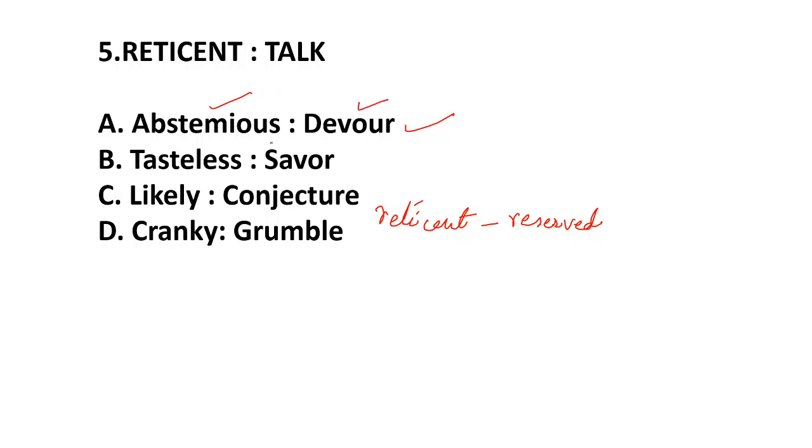Abstemious, devour. Now, what does abstemious mean? Abstemious means to indulge in something very moderately, not to be very much addicted. Abstemious is to eat something very moderately. All right. But what is devour?